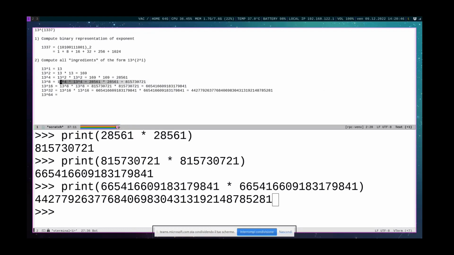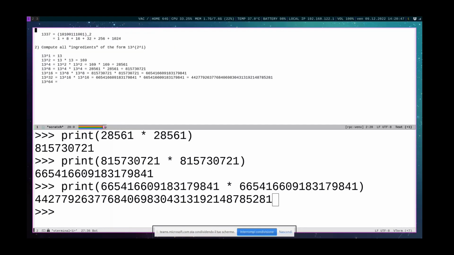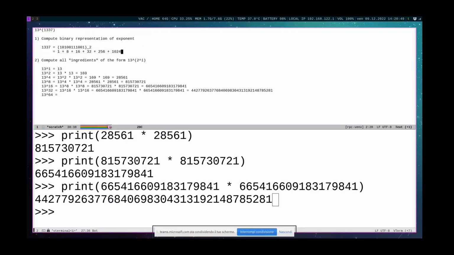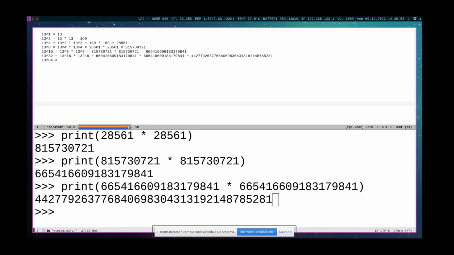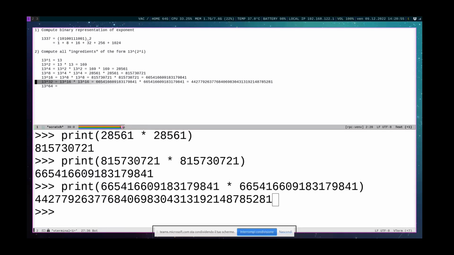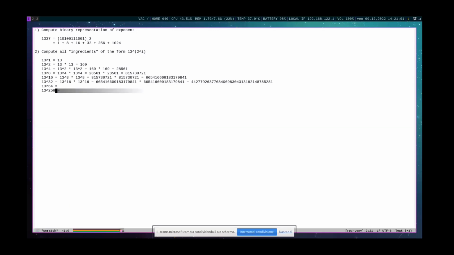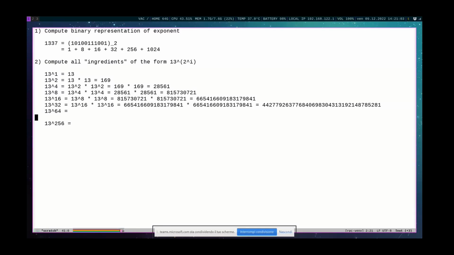Then 64. So essentially we need all the powers up to the highest. In this case, 13 to the 64, then 13 to the 256. Here we will still need 128, 256, 512, and 1024.